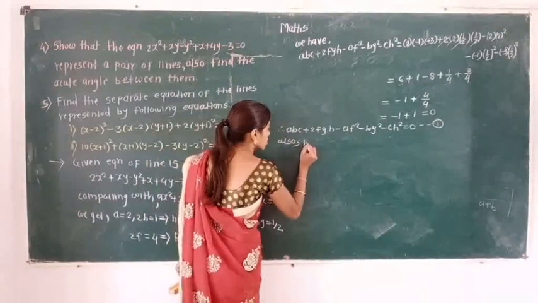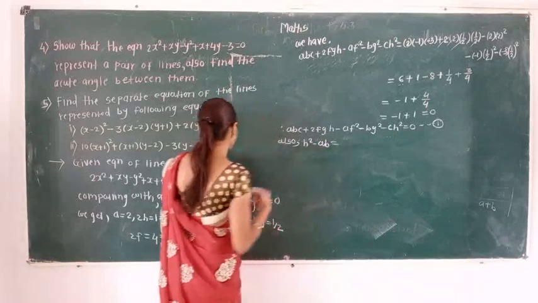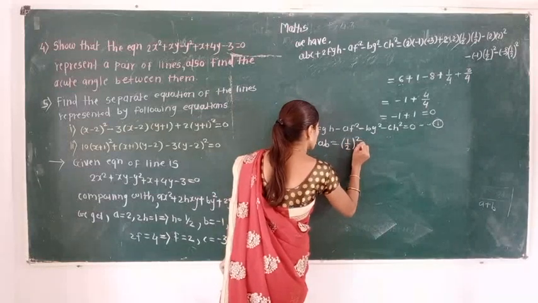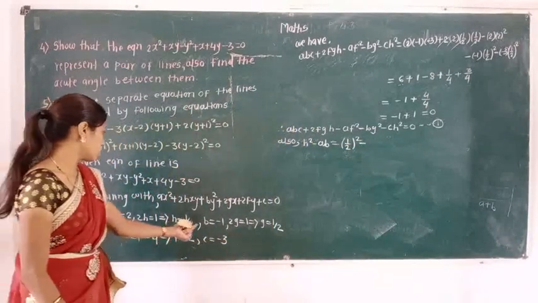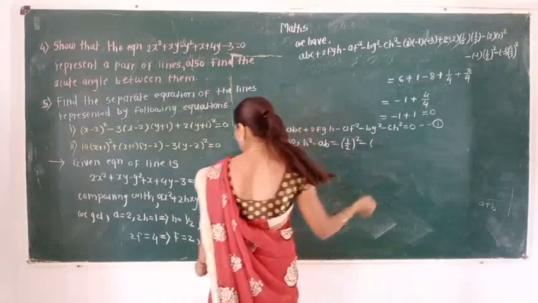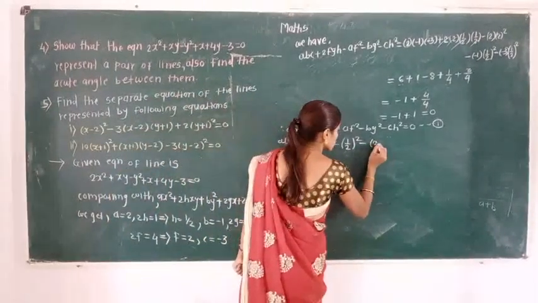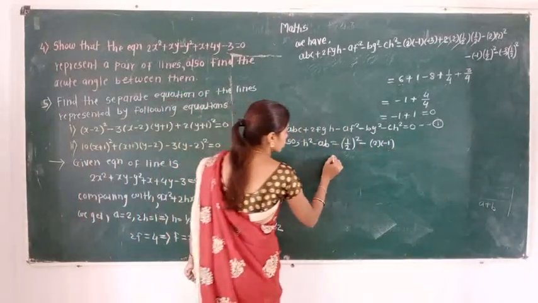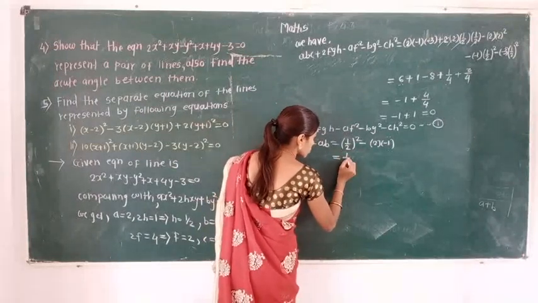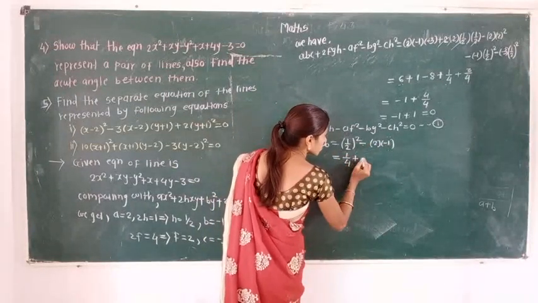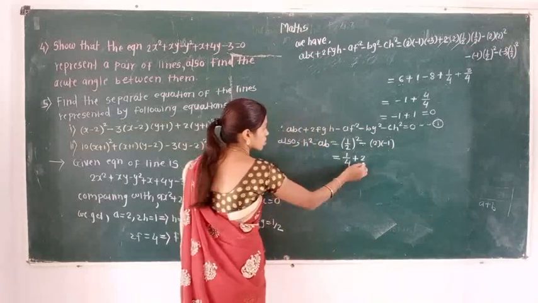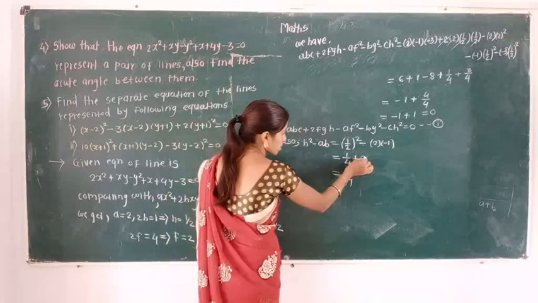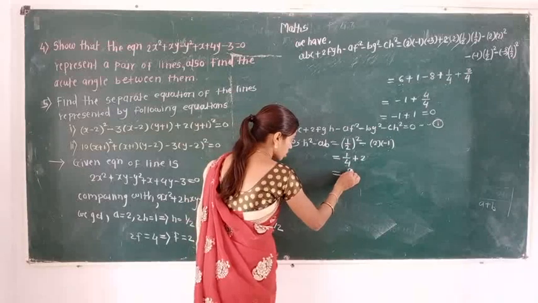The second condition is h square minus ab, and the value of h is half, so half square minus b, where b is minus 1, and a is 2, into minus 1. Now simplify this expression. We can write 1 by 4 plus 2 into 1, which is 2. The sum of these two terms, LCM is 4, cross multiplication gives 4 twos are 8, 8 plus 1 gives 9.